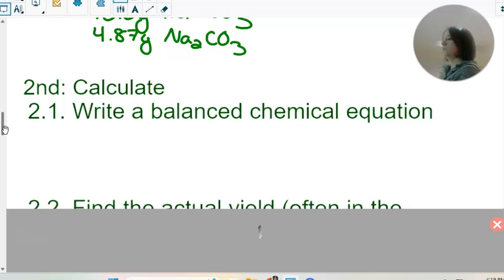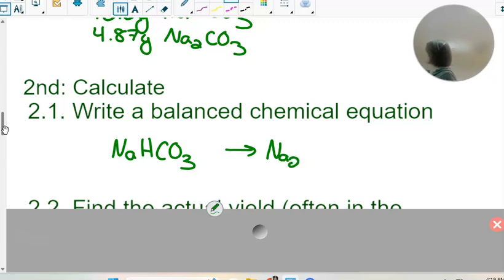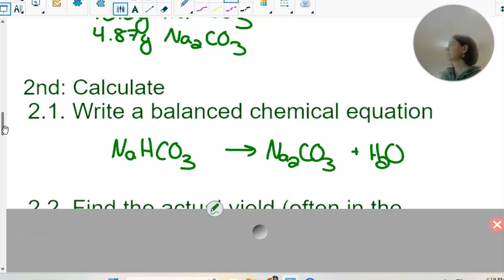So we're going to start with our sodium bicarbonate. And then we're decomposing it, and we're going to get sodium carbonate. And then it also gave off water vapor and something else.